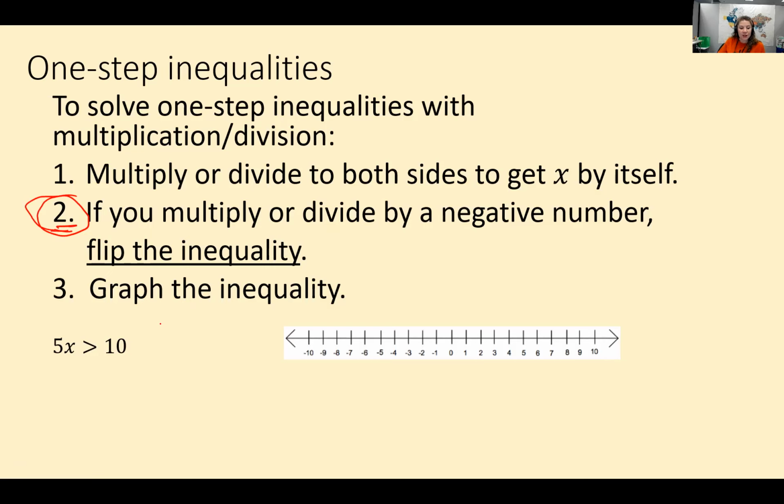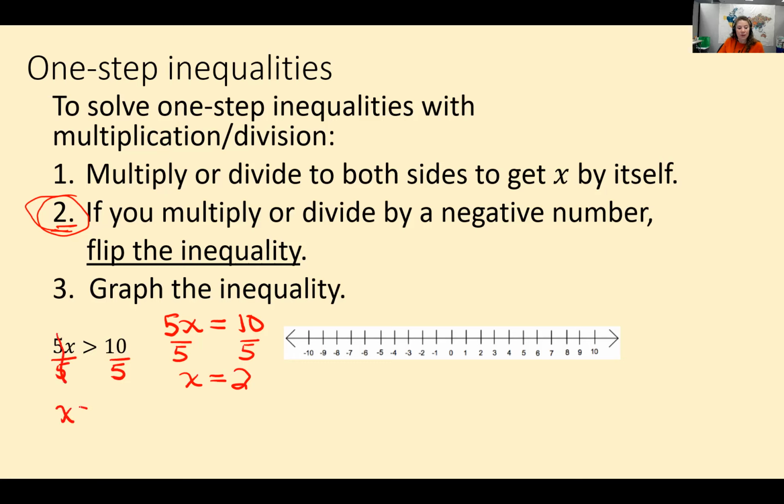All right, so just as if we had an equal sign, to solve for x, we're going to do the opposite of this operation. Well, this operation says 5 times x. So the opposite of times 5, we're going to divide both sides by 5. I'm going to do the same thing, except instead of writing an equal sign, I'm going to write greater than. 5 divided by 5 is 1, and 1 times x is x.